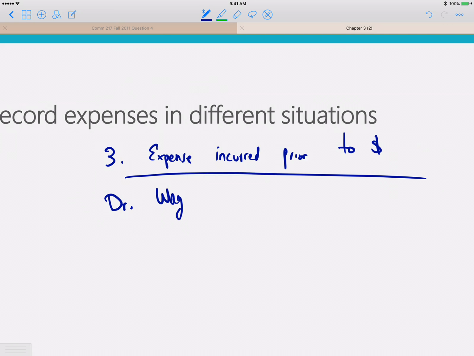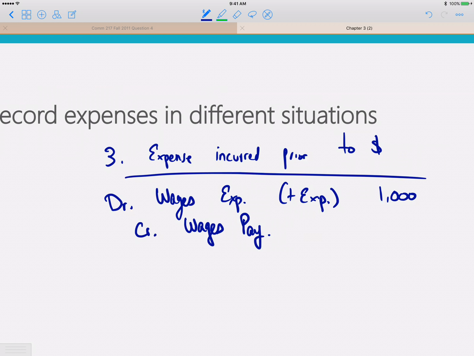So let's say wages or salaries expense. So that's an increase to our expenses. Let's say $1,000. Now the company owes this money. So we actually have to create a liability, a payable. So we would credit wages payable. It's an increase to liabilities. So in this situation, the company has decreased their income, right?